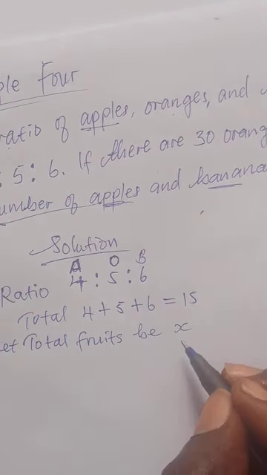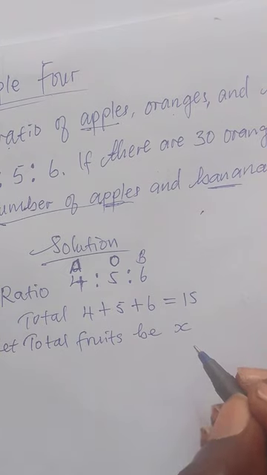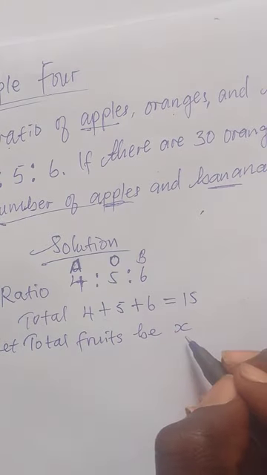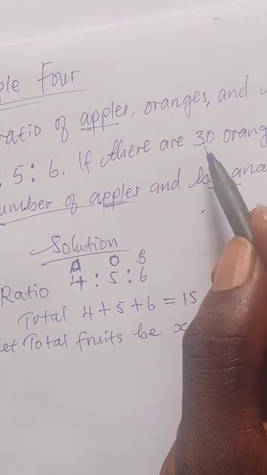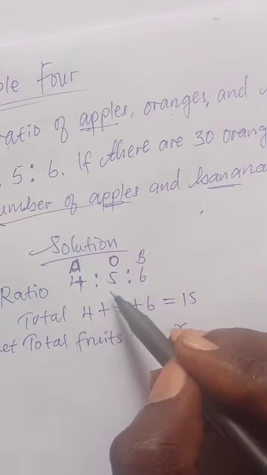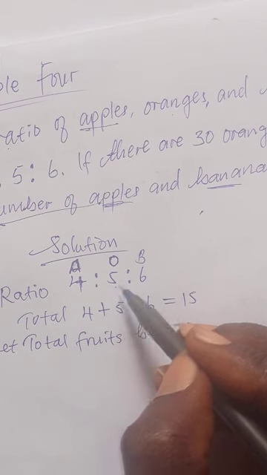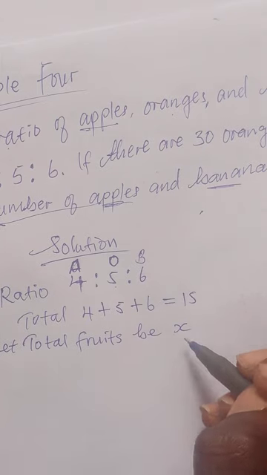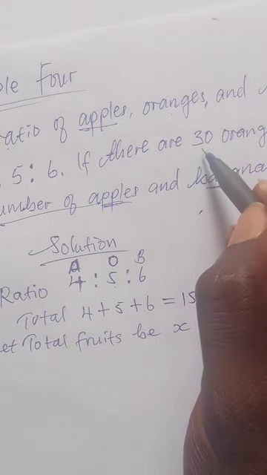So if total fruit is x, you should be able to understand that out of this x, when we worked it out, we got 30 oranges. When we use the ratio for oranges, 5, and divide by the total ratio, we multiply by x, the total number of fruits, that gave us 30.